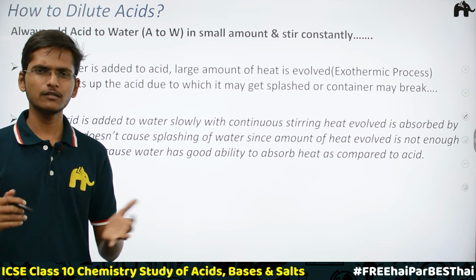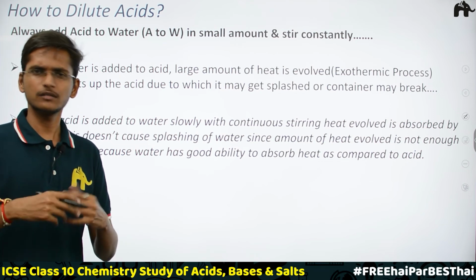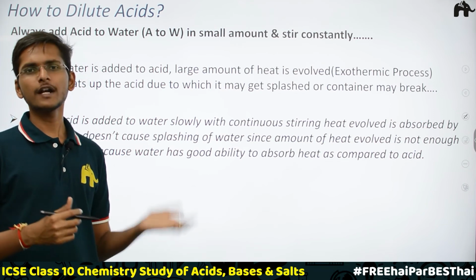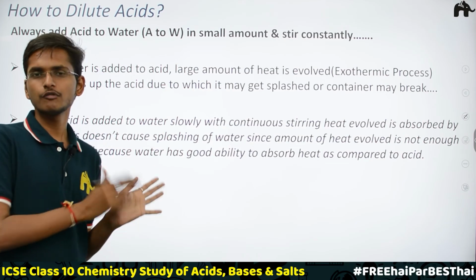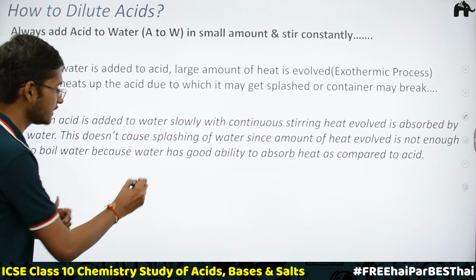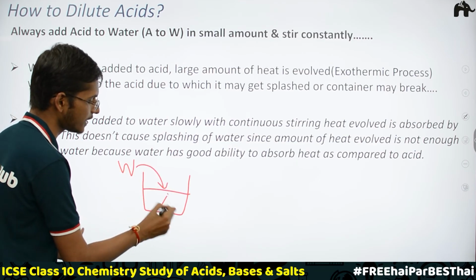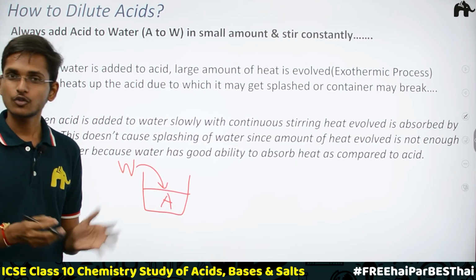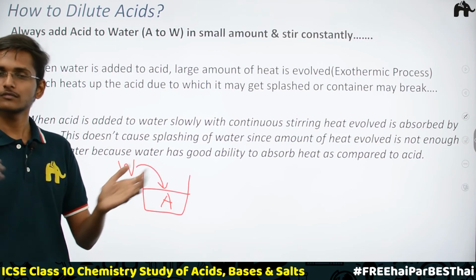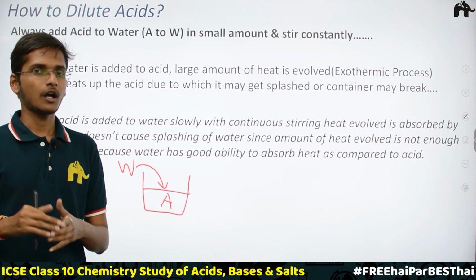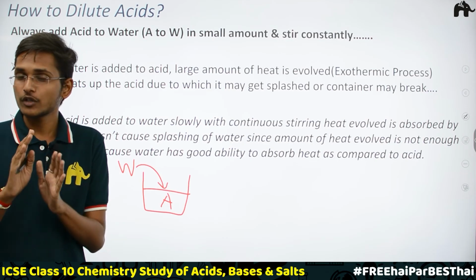Now how to add water to acid? You would say, oh, it's very simple, like how we add water to any other thing, in the same way we would add water to acid. But if you directly add water to acid like that, the acid would just splash out, the container may break, and it would be very dangerous. So don't try this at all.